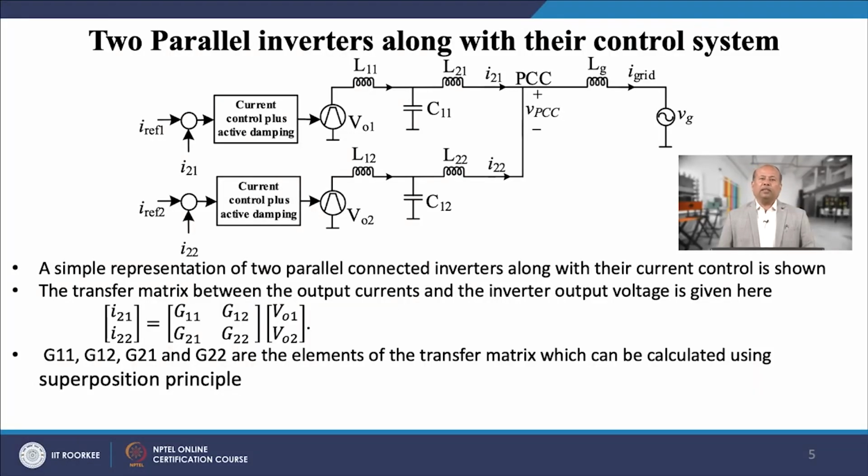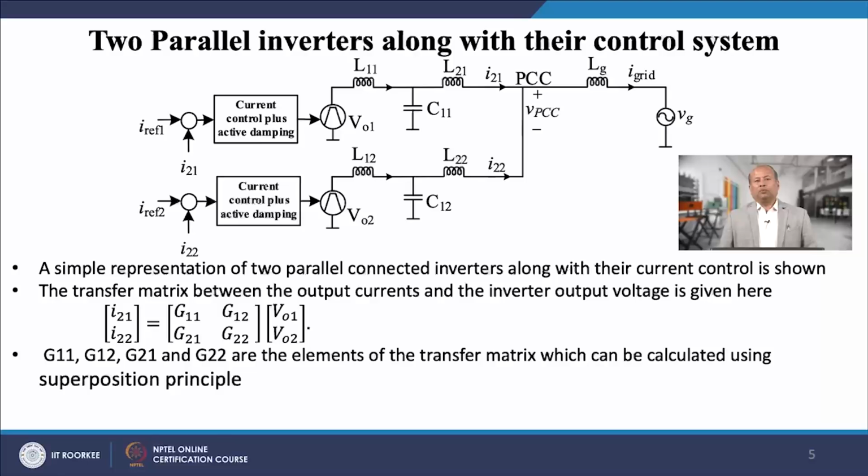They are represented using the voltage sources VO1 and VO2. These voltages can also be called pole voltages or inverter output voltages. For each inverter, the grid side currents I21 and I22 are controlled. Now, let us write the expression of inverter output current with their pole voltages VO1 and VO2.